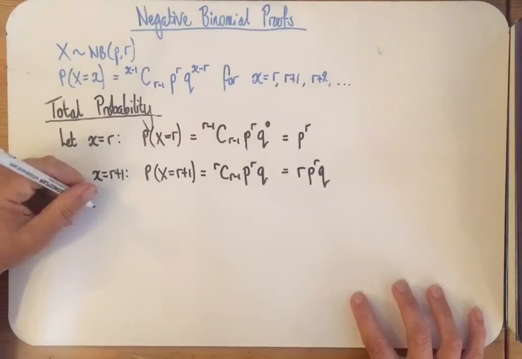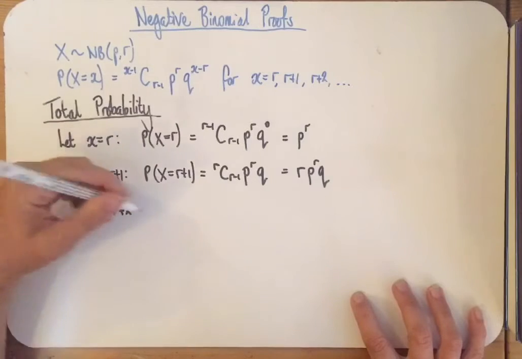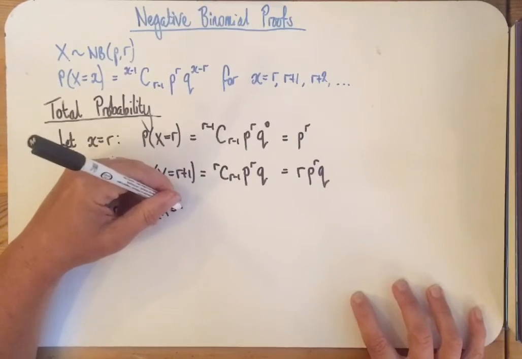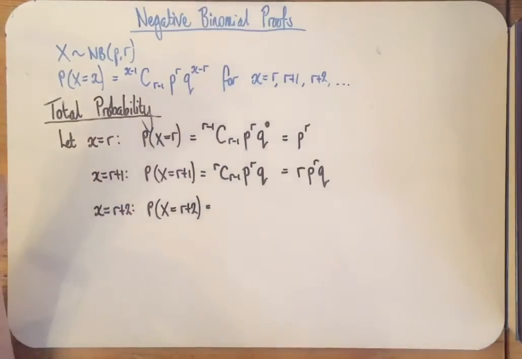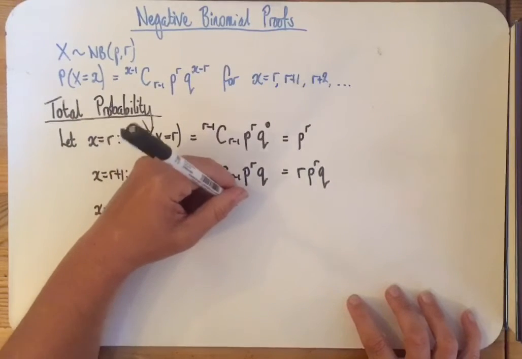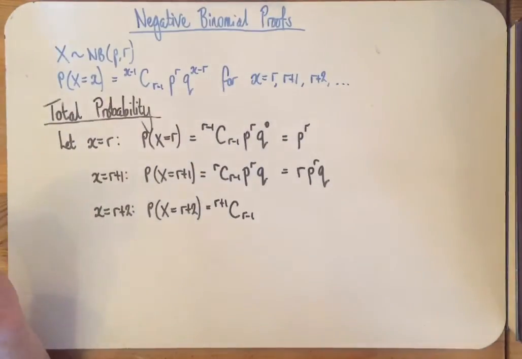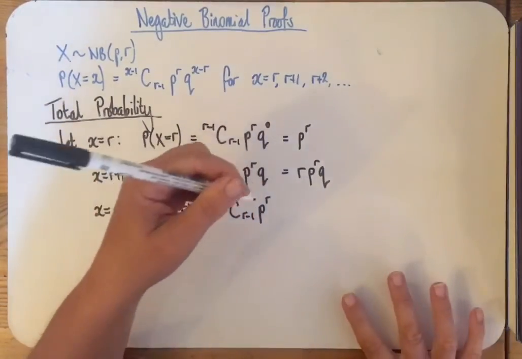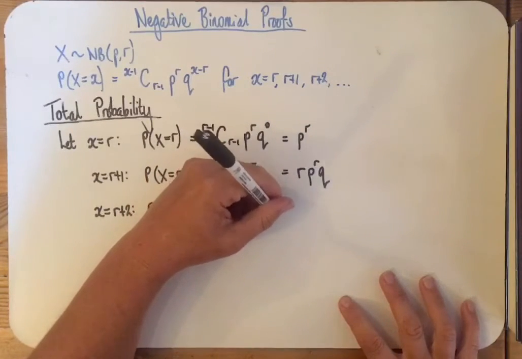Next one, if x is equal to r plus 2, so we want the probability x equals r plus 2, and again feeding through that formula, we've got r plus 1 choose r minus 1, p to the r, and then we end up with q squared.